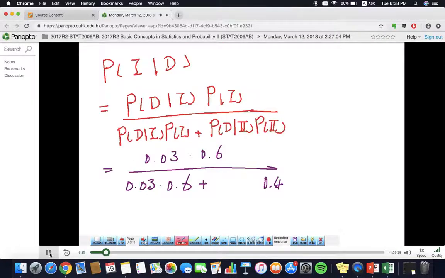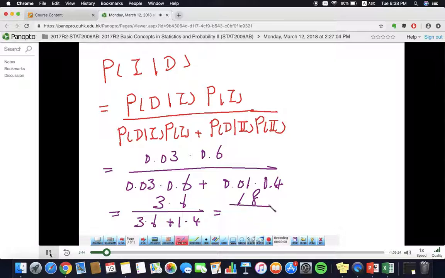So it turns out that it should be 3 times 6 over 3 times 6 plus 1 times 4. So here we've got 18 over 22. So it's done. You can simplify it as well: 9 over 11. Okay, it's done.